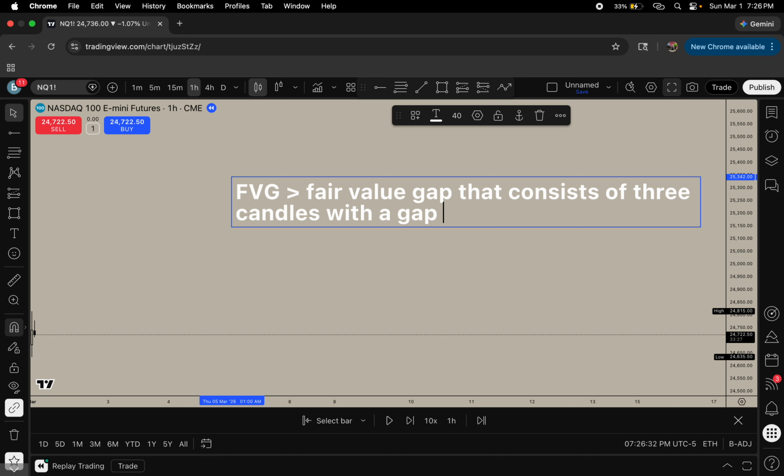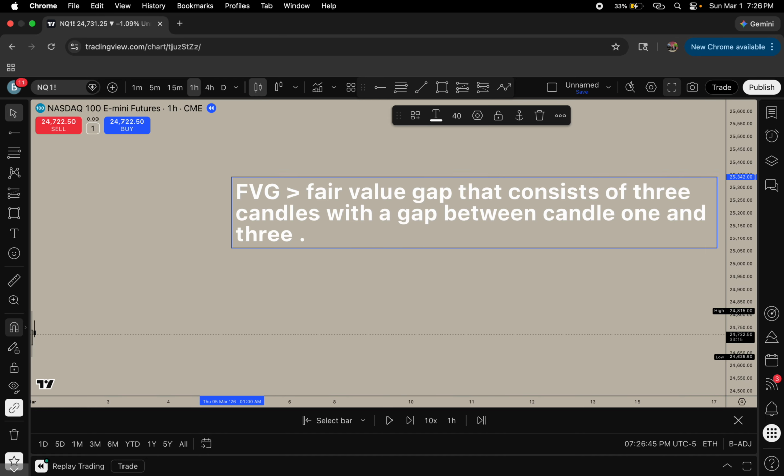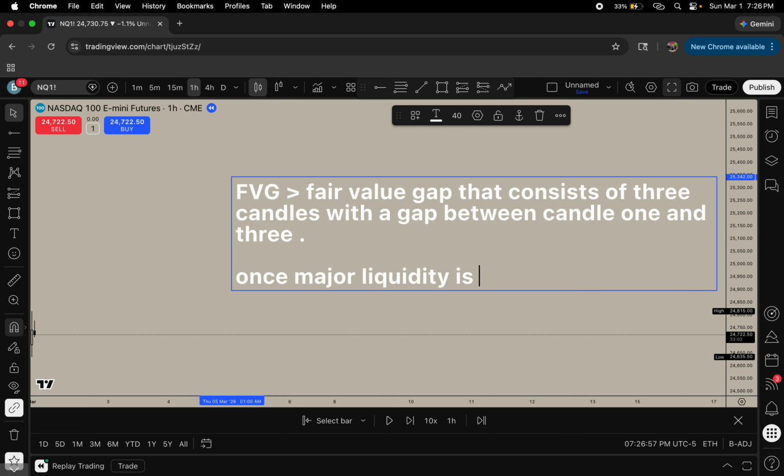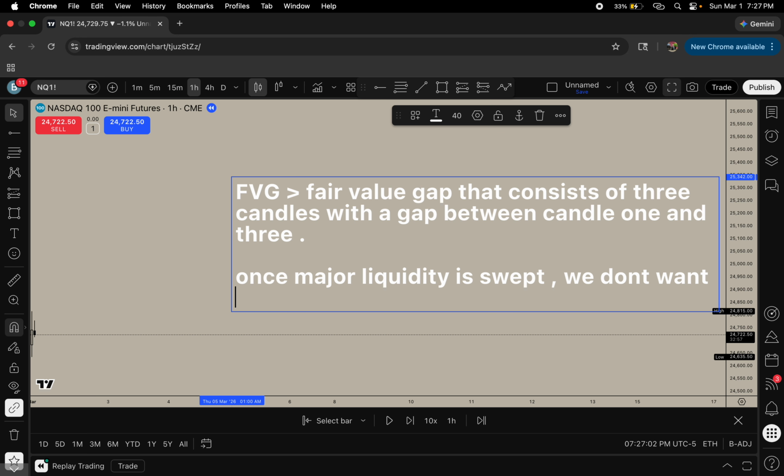Obviously there has to be a gap between the 3 candles. I don't recommend, as I said, once major liquidity is swept, we don't want to use the fair value gap that's created right before the sweep.